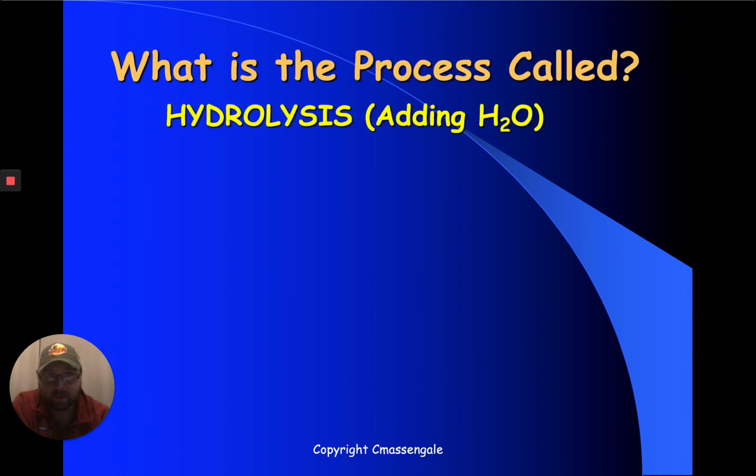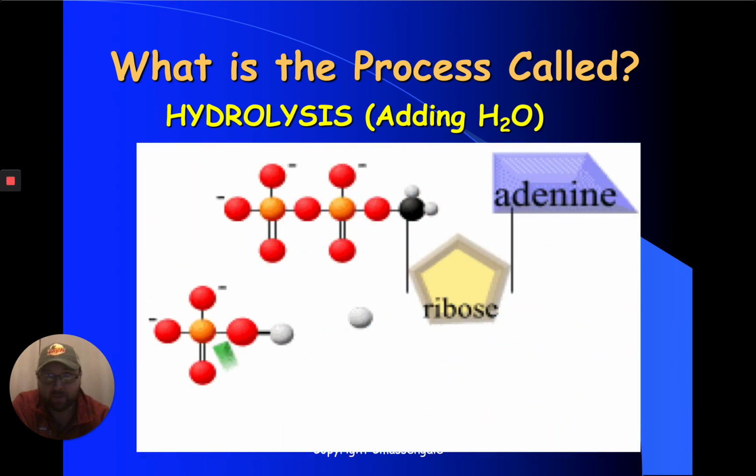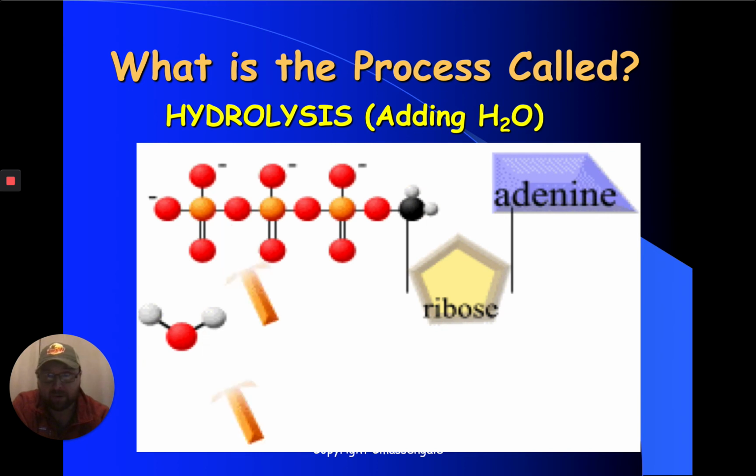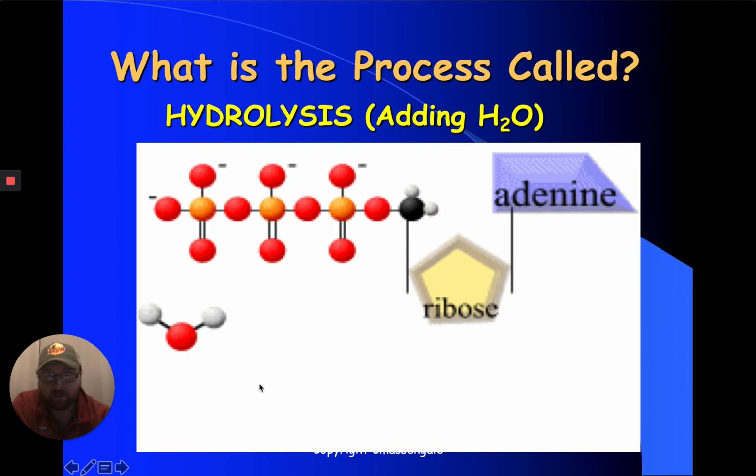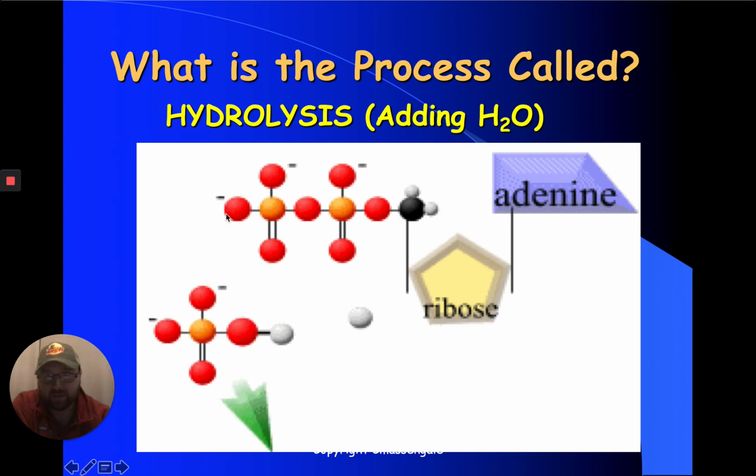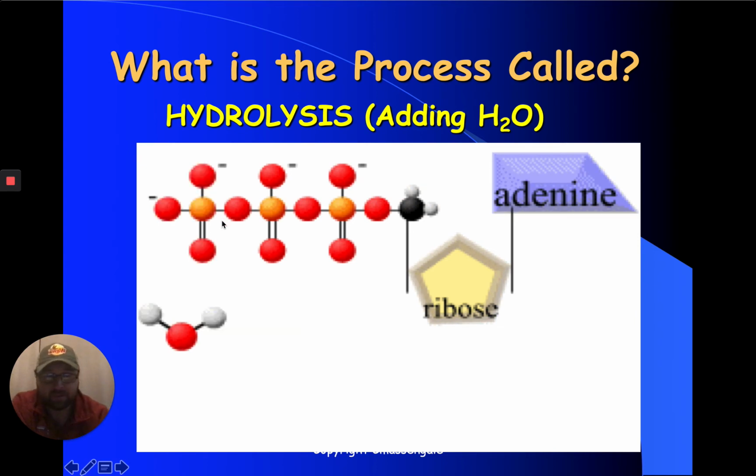So again, what's the process called? It's called hydrolysis. We have to add water. And this is just another pretty cool graphic showing you how hydrolysis works. We start with our ATP. There's our water, and you're going to see that the water breaks that bond, and that releases energy for us.